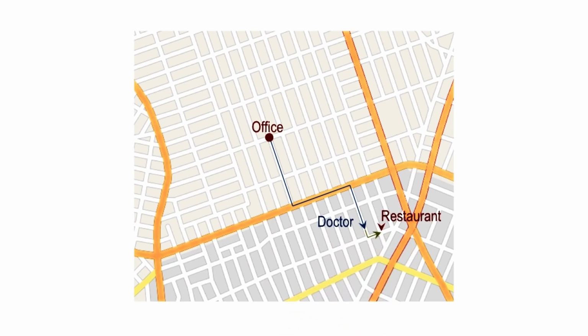So one way in which I might be able to adapt this case that I've retrieved is to do a search using this model, this map of the world, which tells me that to go from the doctor's office to the restaurant, you can take this particular route. So now I have the earlier case, which I've adapted using some model of the world. This is an example of using models in order to adapt cases.